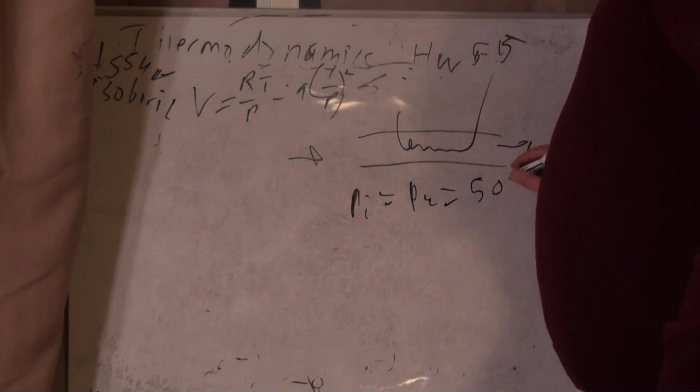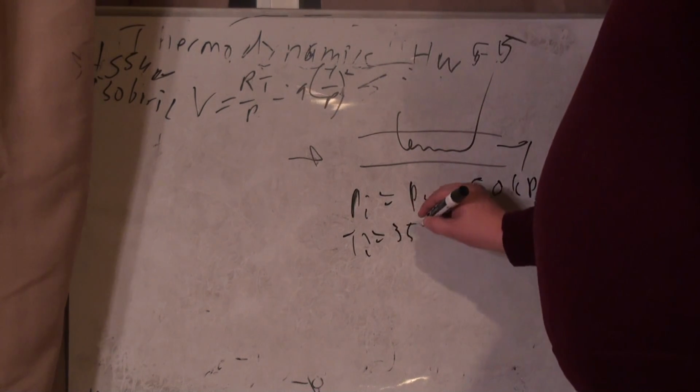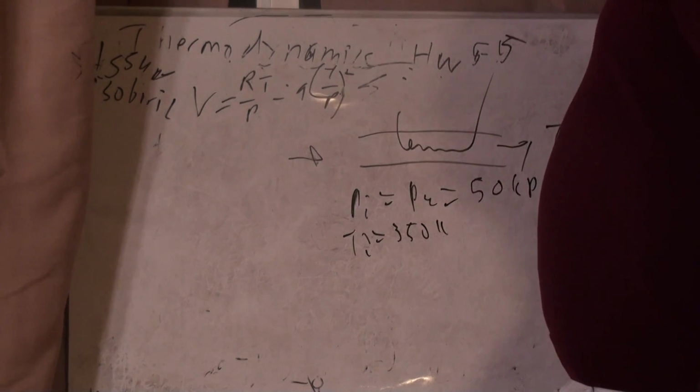Toluene flows over an electric heater, 350 K and 50 pascals. So this is 50 kilopascals. T in is equal to 350 K. I want to know what T exit is equal to.